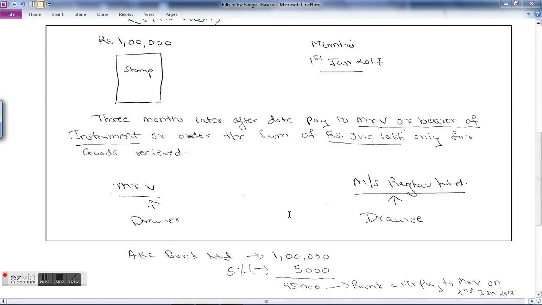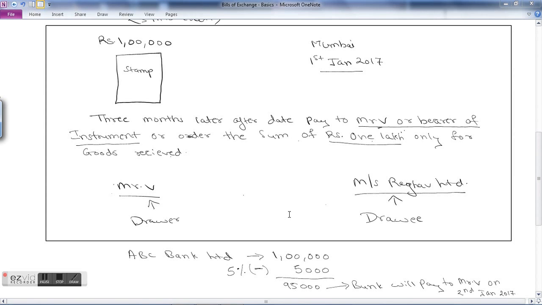In case of a promissory note, the buyer gives an unconditional undertaking, duly signed, saying, I promise to pay a certain amount of money to Mr. so and so on such and such date. So that is the difference.